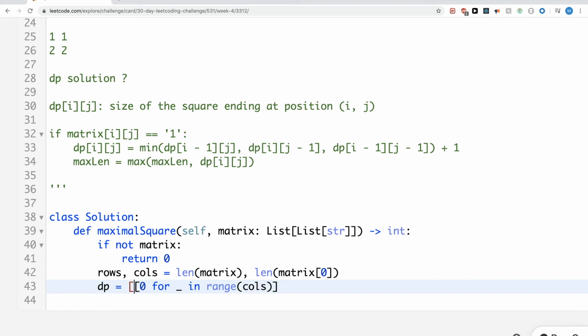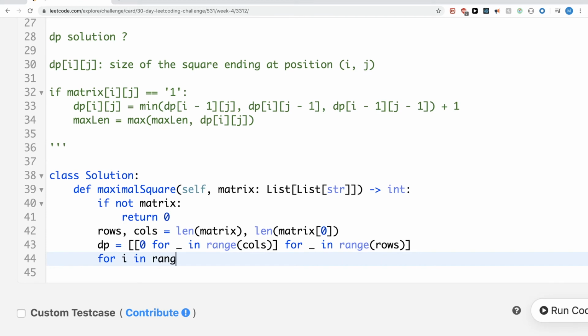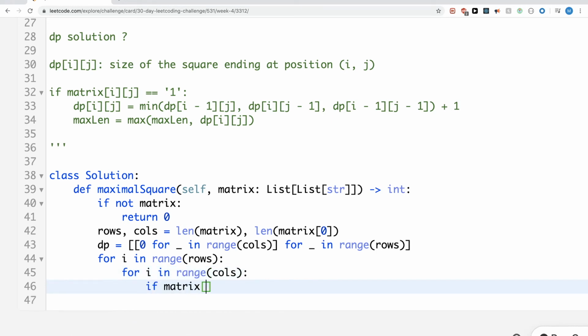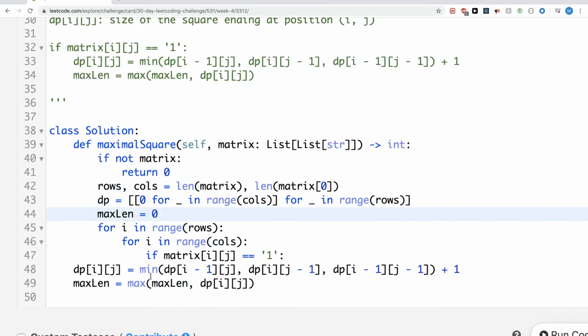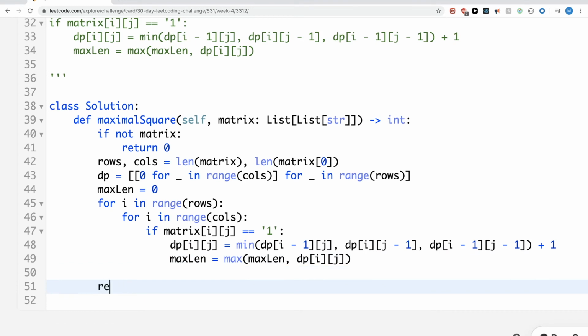And now we can go and fill our DP array. So we go for all the rows and then for all the columns. Max length starts out as 0, and at the end we should return max length multiplied by max length, right?